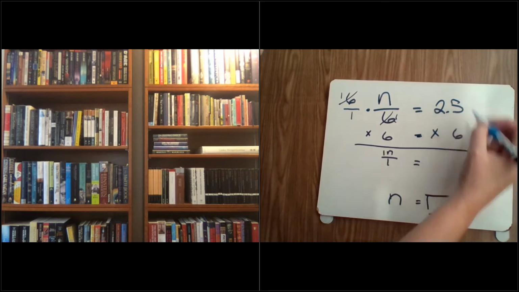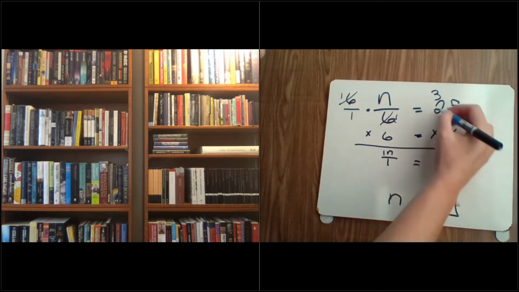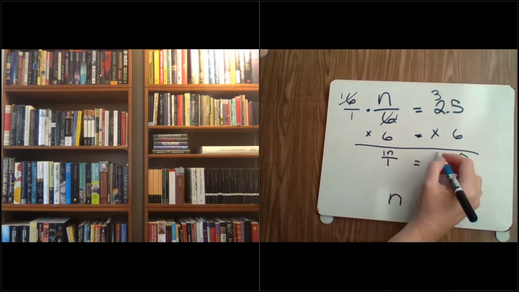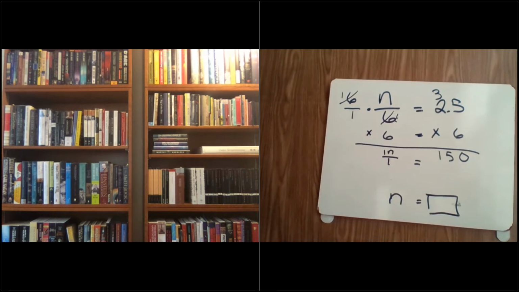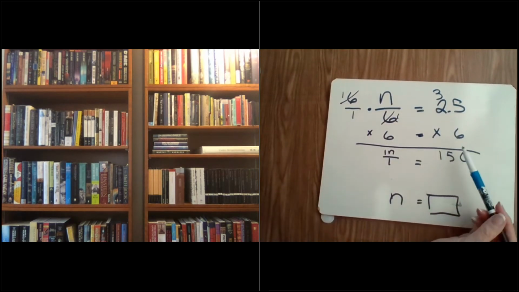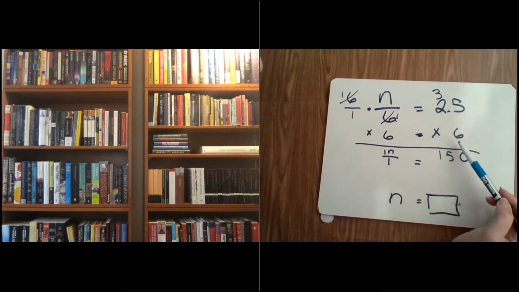Let's multiply. 6 times 5 is 30. 6 times 2 is 12, plus 3 more is 15. 150. Huh, that doesn't look right. Again, don't forget about your decimal point. When I'm multiplying, I multiply as if the decimal point didn't even exist.